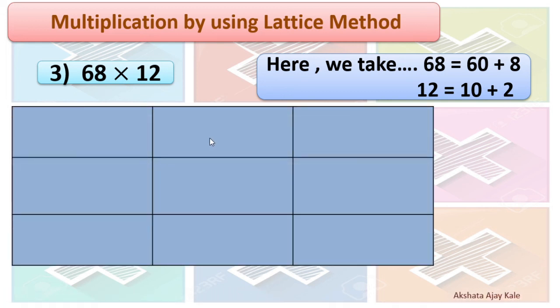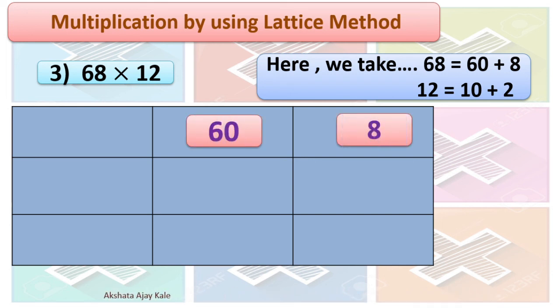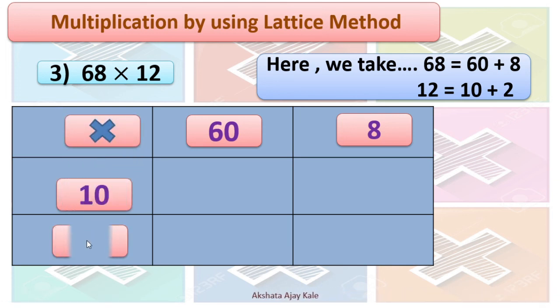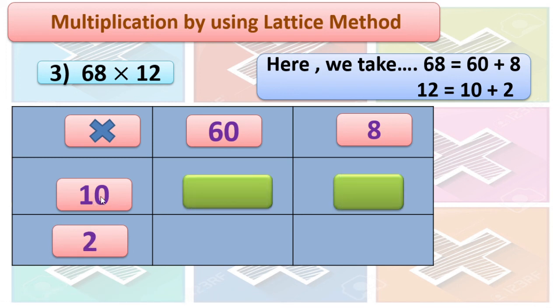We will write the numbers 60 and 8 here, and multiplication. Here what we will write, 10 and 2. Correct? Now first we will multiply 10 by 60. So 1 six is 6 and 2 more zeros. That is 600. Isn't it?